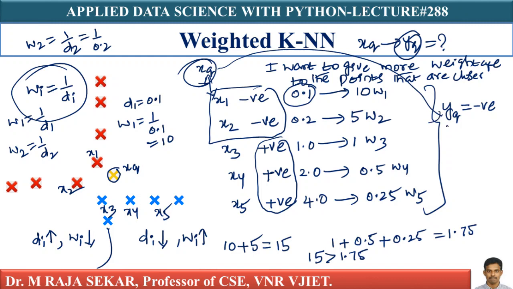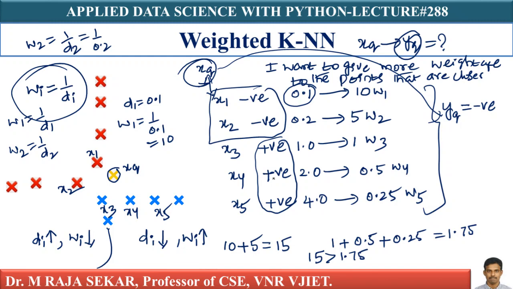If I use simple majority vote, my YQ would have been positive. Why? Because 3 positive points, 2 negative points. According to majority vote, YQ would have been positive because 3 of its nearest neighbors are positive, X3, X4, X5. Majority voting, isn't it?